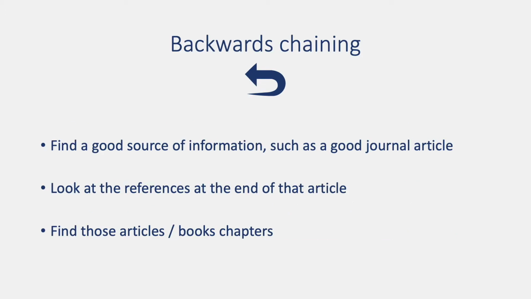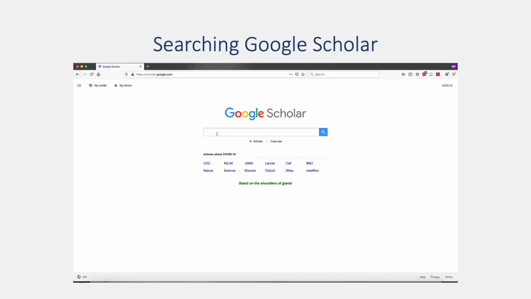So what can we use it for? Well, one thing you can do on Google Scholar and in other databases is backward citation chaining. This is when you search for and find an article, then look at the references that that article has listed. Then you can look up those references to find more readings on your topic. Here's an example of how it works to search in Google Scholar.